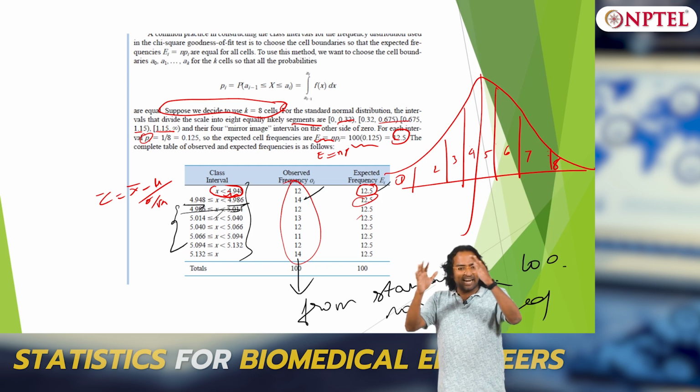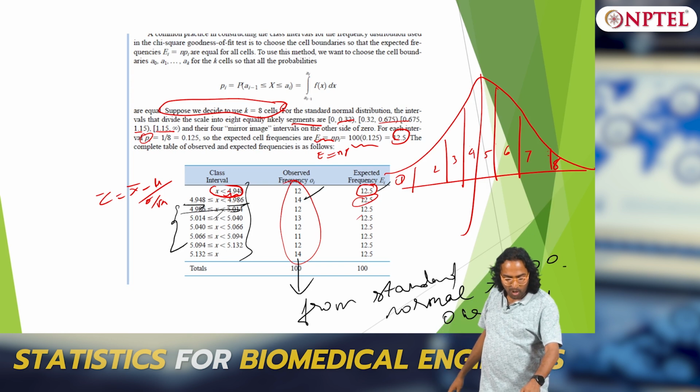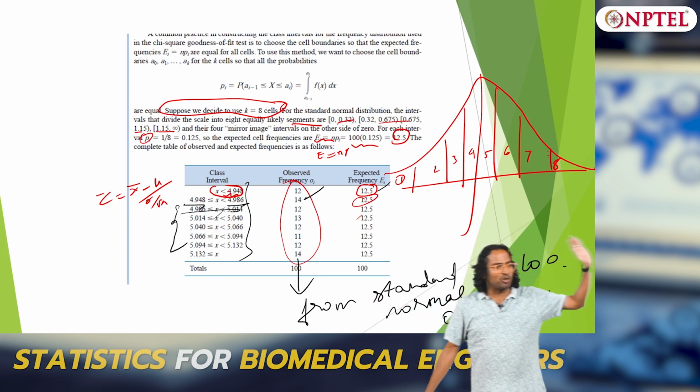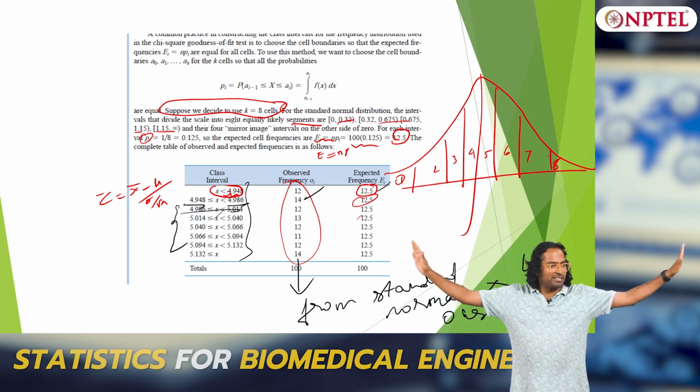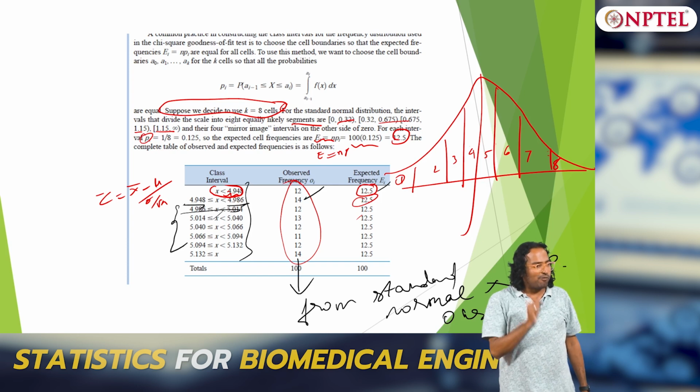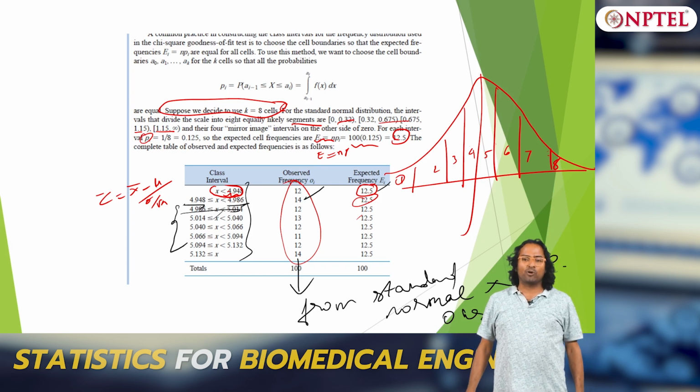I divided the standard normal into 8 intervals, right. The 8 intervals are nothing but 0.32, 0.675, 1.15, infinity on one side, and on the other side also it is the same, a mirror image. So 8 classes. Now how did the class interval for x start from 4.948?